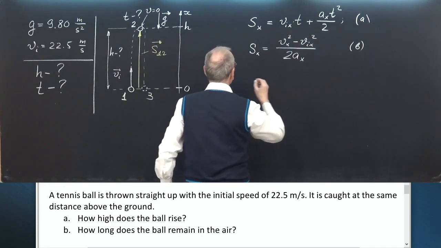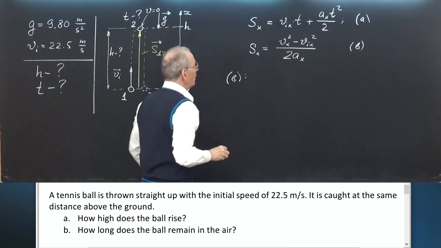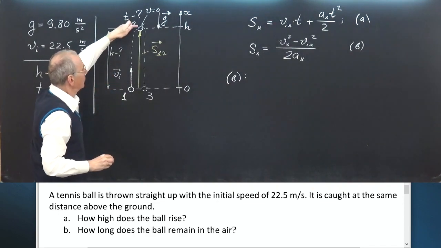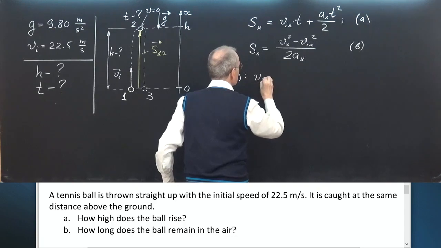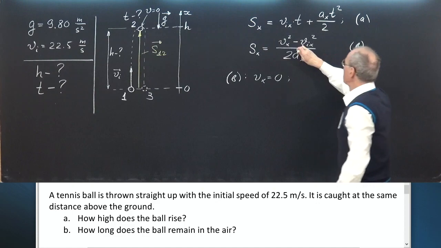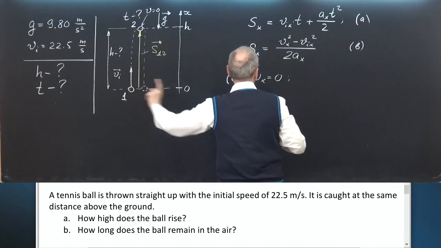In this formula, Vx equals 0, final velocity. V initial x is V initial magnitude.